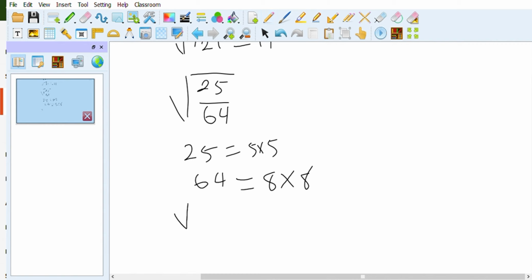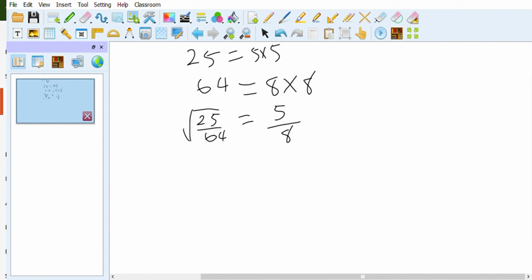So the square root of 25 over 64: if we take the square root of 25, we have 5. If we take the square root of 64, we have 8. So the square root of 25 over 64 is equal to 5 over 8.